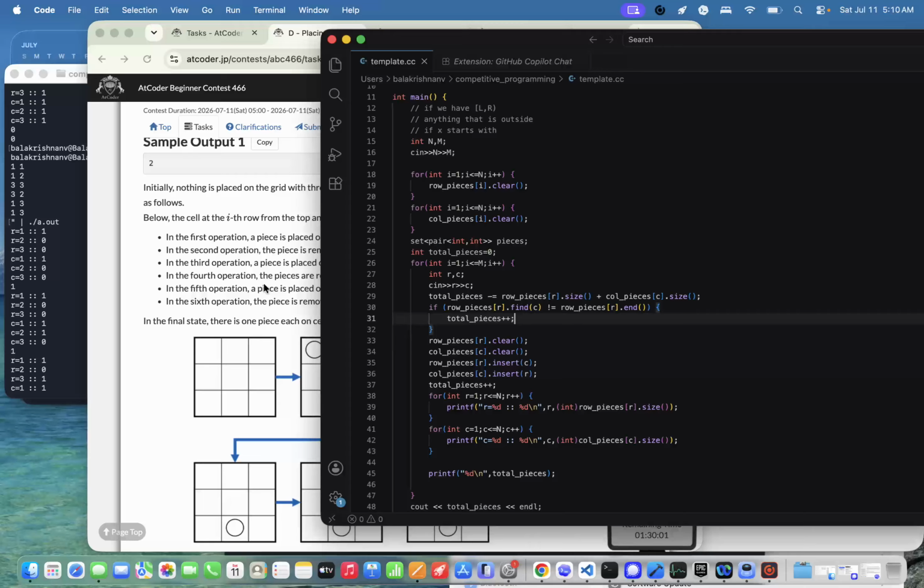It's going to be 1 1, then 1 2. Okay, it's not right. 2.